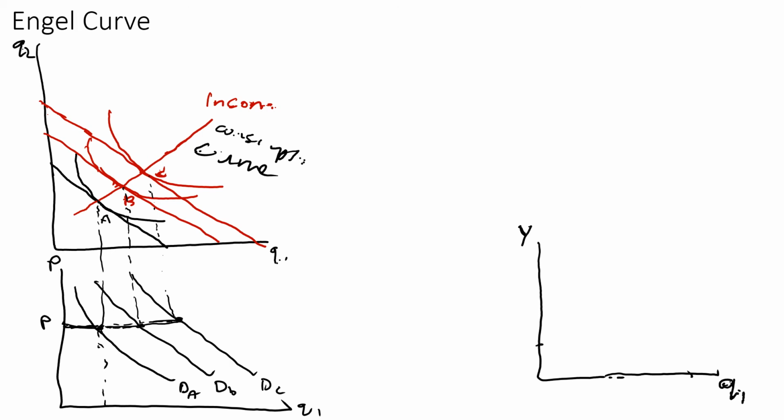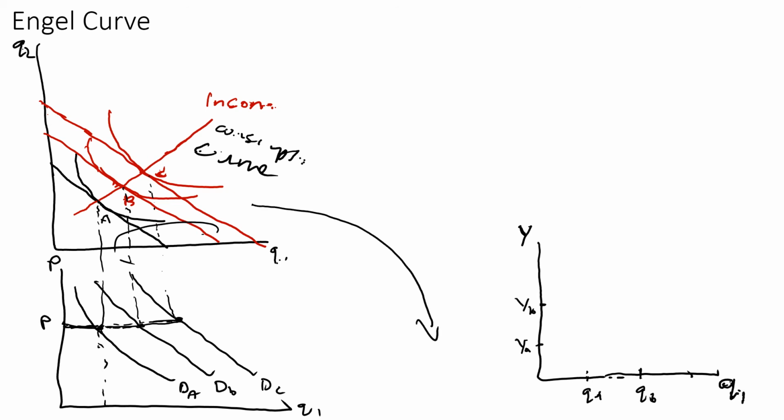When income was, let's say, YA, we were consuming QA. When income was YB, we were consuming QB. And we can extend this QA and QB line directly from this graph.